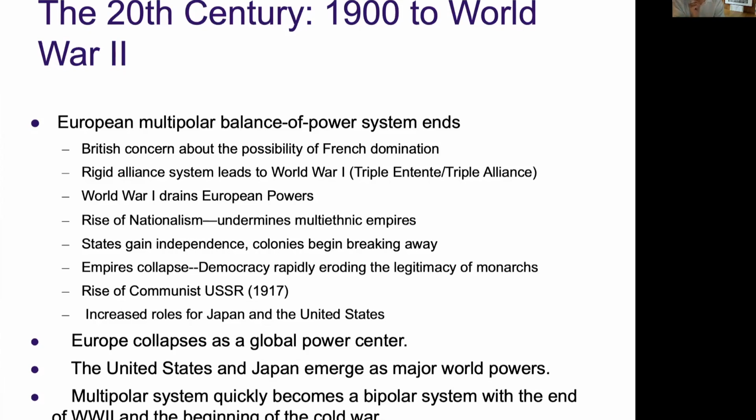Maybe one of the most obvious is that the colonies began to break away. The British Empire and the French Empire had of course crumbled already before, but the end of the First World War really was the starting point for the end of the empires, and many countries and regions wanted to be independent, and the states were grappling with how to cope with the situation.